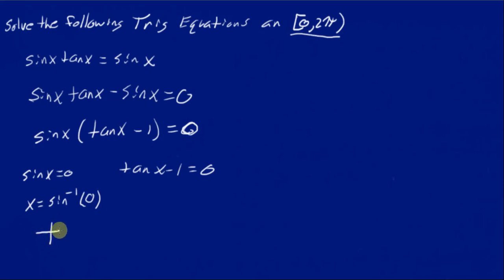Well, there are going to be two of those, over here at 0 and over here at pi. So x is equal to, now we got to check our interval. 0 is included. So yes, it is 0. And of course pi. And I don't include 2 pi because it's not included. And that's why, for this interval, those are the only two solutions.